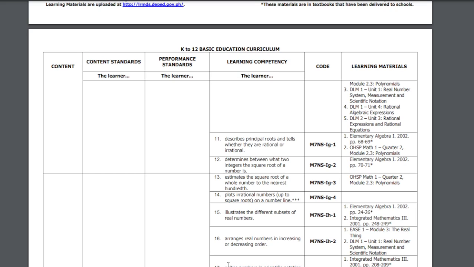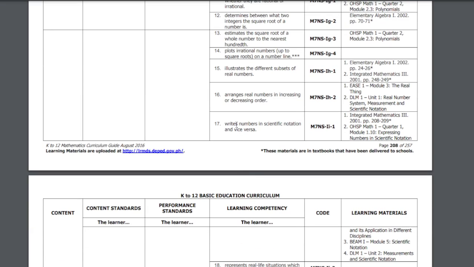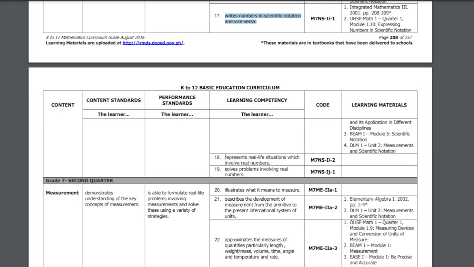If not, we usually skip this. Hopefully, your math teacher and science teacher are in sync, so you don't have to learn this twice. And we're going to represent real life situations which involve real numbers. Then we're going to solve problems involving them.